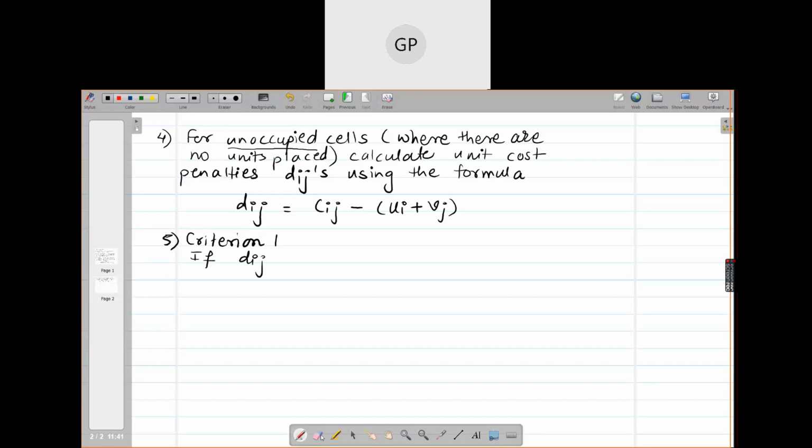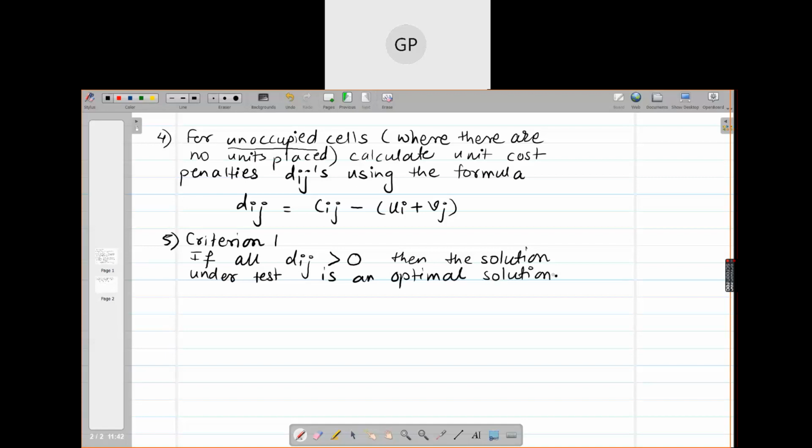If all dij's are strictly greater than 0, then the solution under test is an optimal solution. That means you cannot improve it further. That is, you cannot reduce it further.